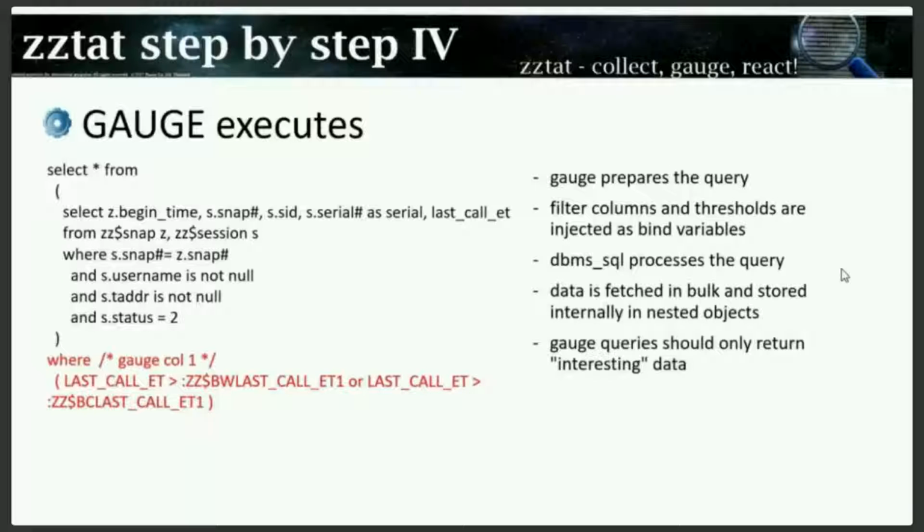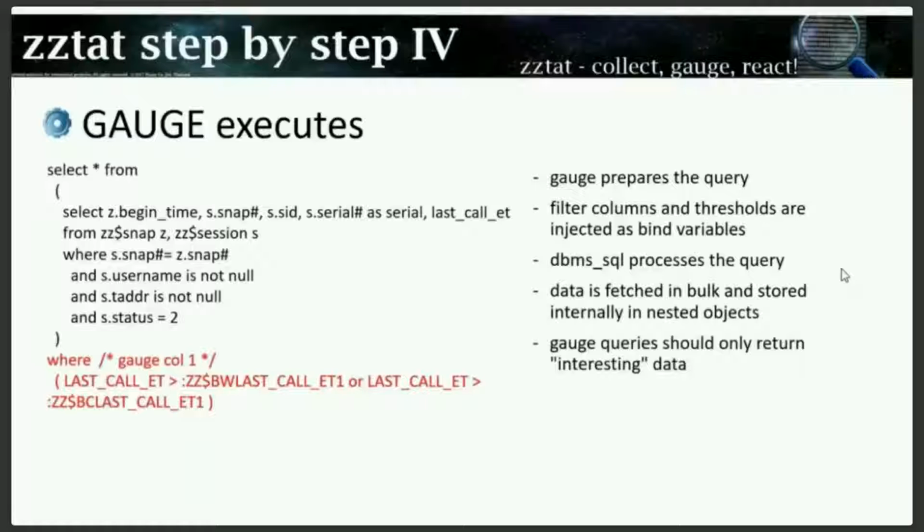We can simply process them in bulk using Oracle's very powerful SQL engine. So we can see the metric fetches data in bulk, and the gauge also processes data in bulk. So it's very efficient.